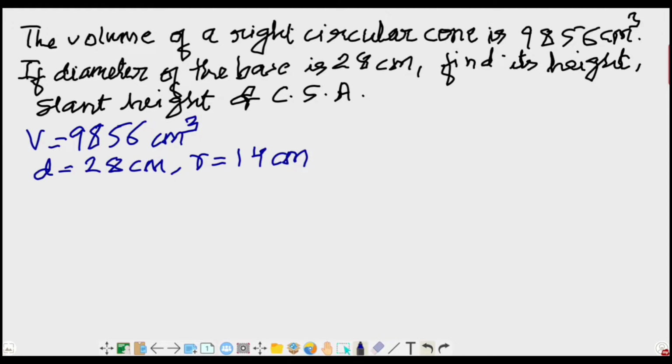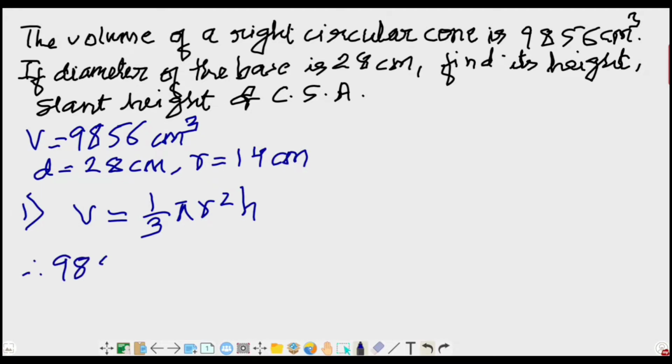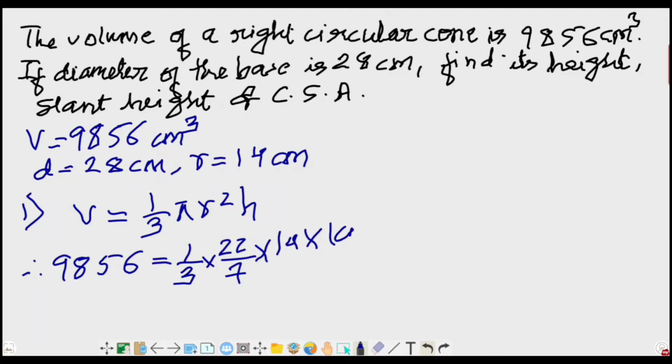Find its height. So very first part we will apply the formula of volume. It is 1 by 3 pi r square h. Now volume is given 9856. That will be equal to 1 by 3 into 22 by 7 into 14 into 14 into h.